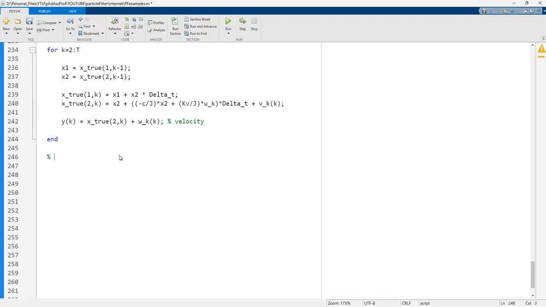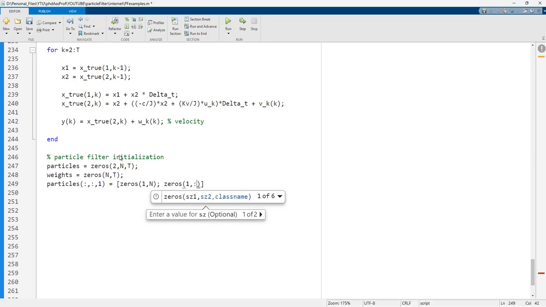After that, just like in the previous example, particle filter initialization can be done with particles equal to zeros 2 by N by T. In that case we have two states, so 2 times N particles and T time steps, and so we have 3 dimensions here. The weights are zeros N by T, and the particles are initialized at the first time step with zeros 1 and zeros 1 by N. Because we have two zero initial conditions, or we could assign the rand function.